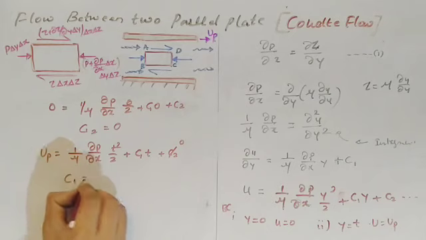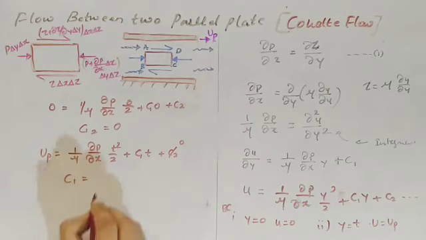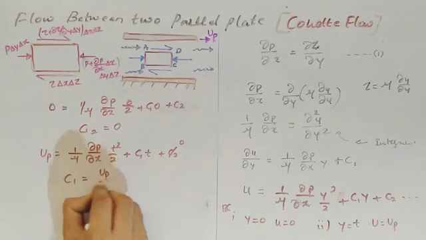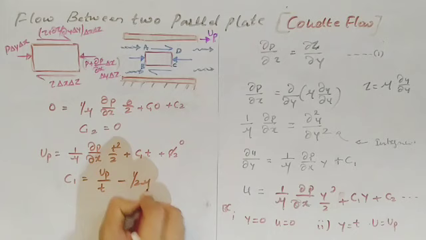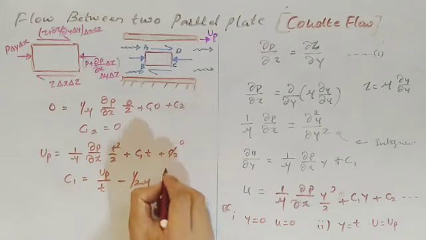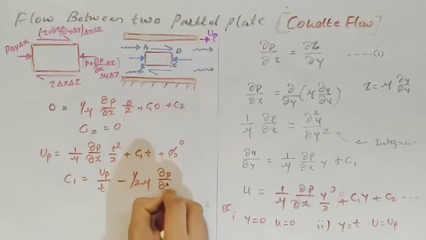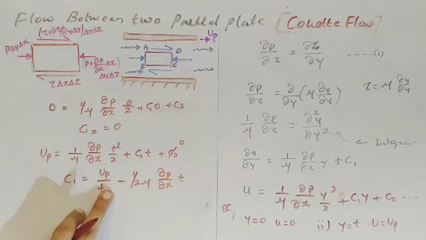Then c1 will be equal to Up divided by t minus 1/(2 mu) ∂p/∂x into t. So this is the c1 and c2 value. Now we have got the integration constant values c1 and c2.